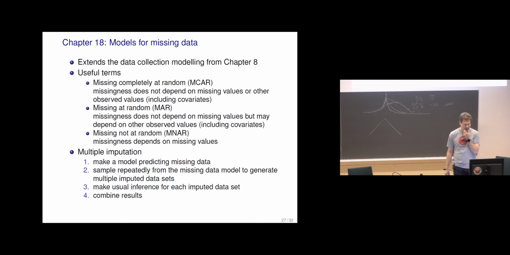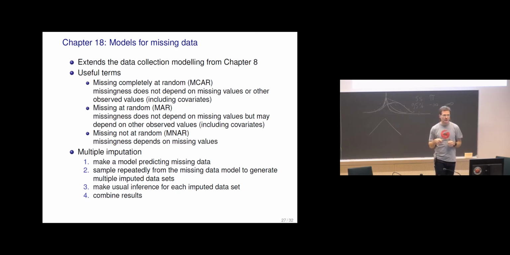Multiple imputation. Make a model predicting missing data, which is then easy with missing completely at random or missing at random. Sample repeatedly from the missing data model to generate multiple imputed data sets. And then these are kind of your posterior samples of data sets.